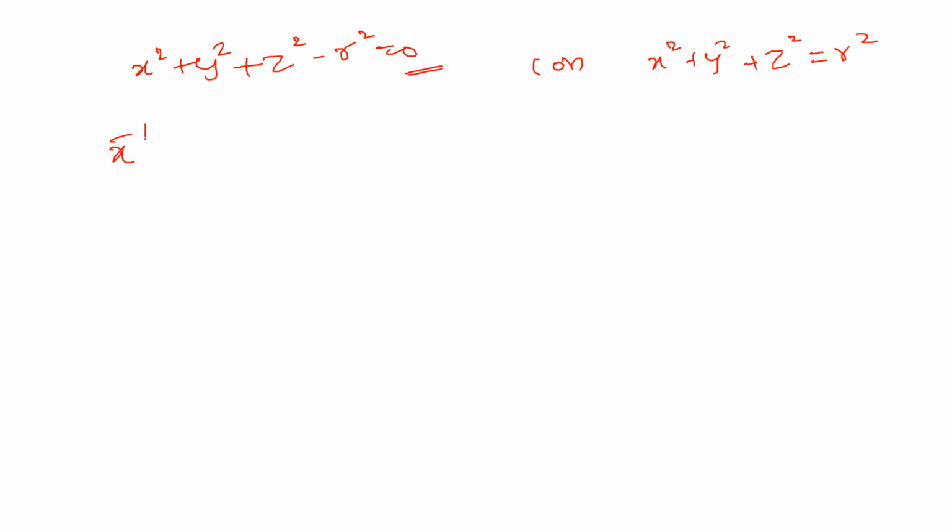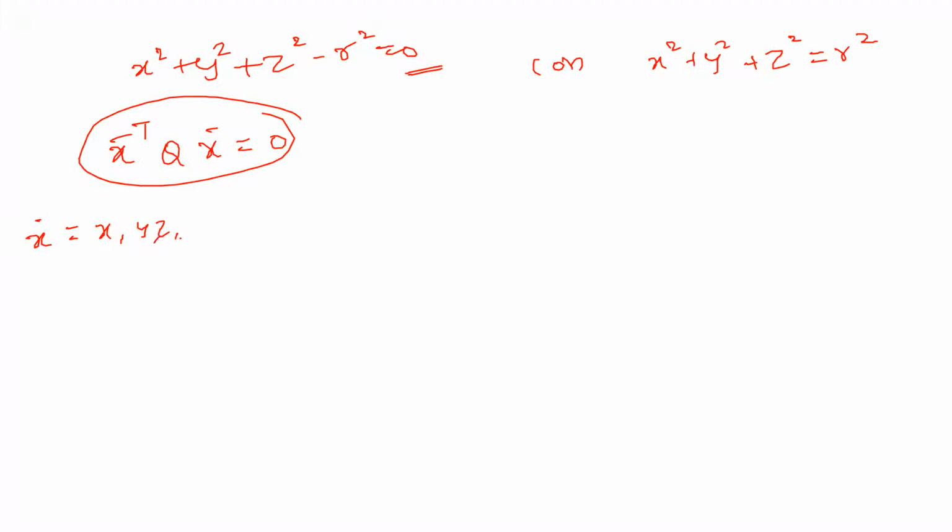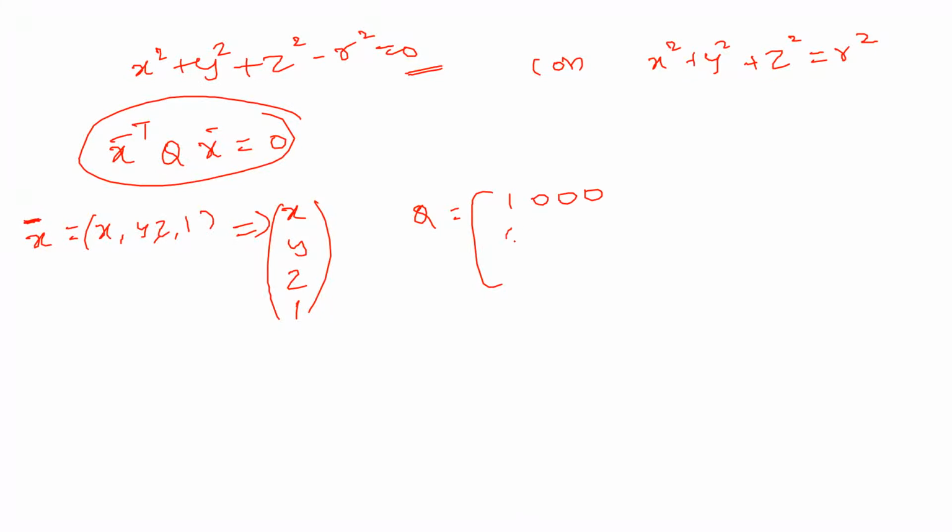So the equation is x bar transpose q x bar equal to 0. Okay, so we know x bar equal to x, y, z and 1. x bar means homogeneous. We can represent 4 parameters since it is 3D. So in matrix form, we can write x, y, z, 1 transpose, and the q matrix here is 1 0 0 0, 0 1 0 0, 0 0 1 0, 0 0 0 minus r square, which represents the radius of the sphere.